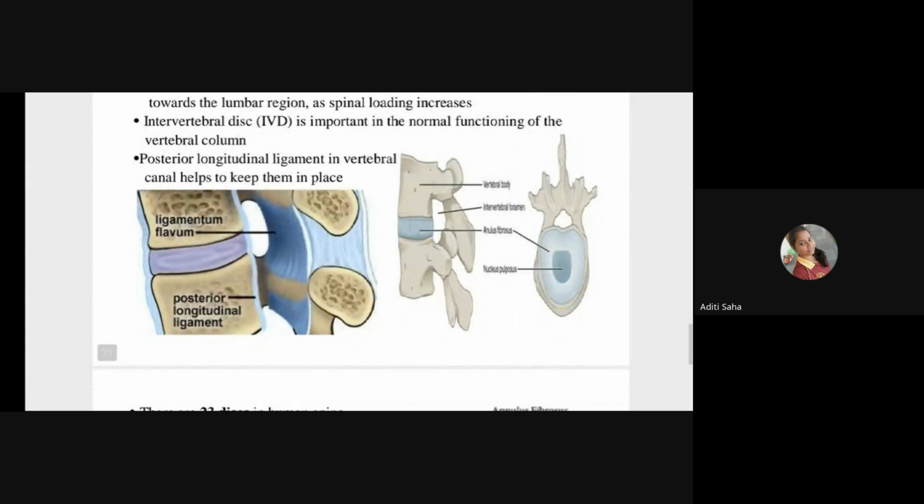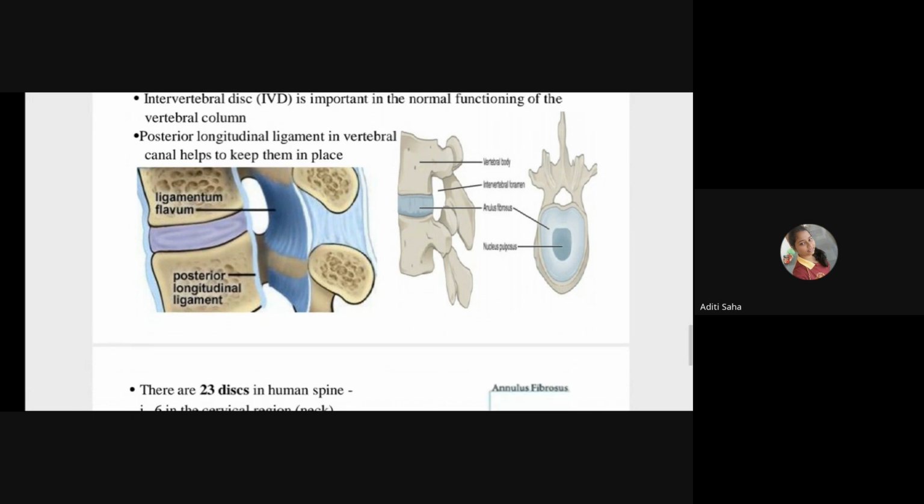In this right side picture, it is somewhat more detail of the intervertebral disc. Zoom the picture on the right side. You can see in this picture.